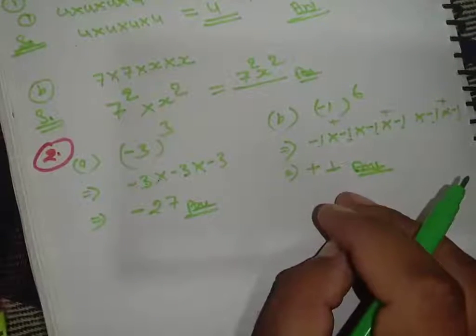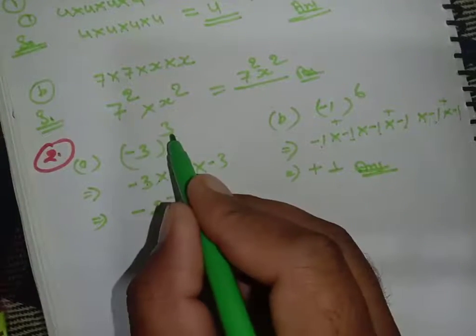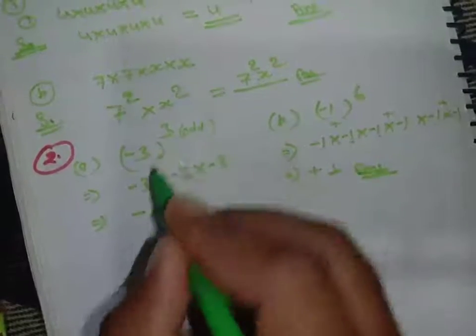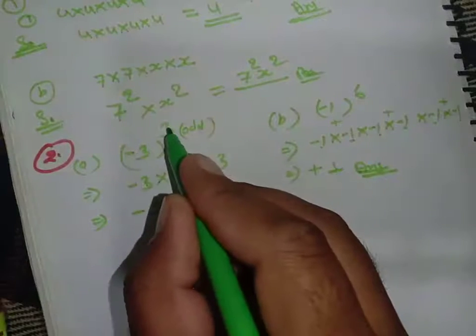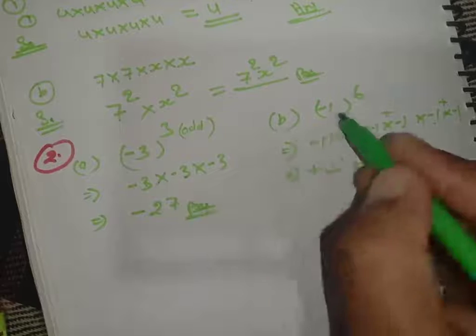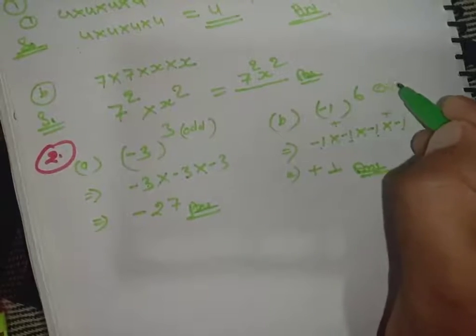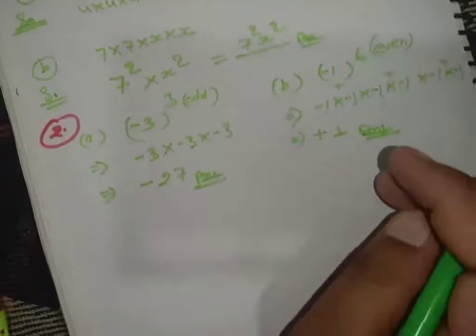Here the power is an odd number, 3 is an odd number, so the answer is negative. Minus with an odd power, the answer is negative. Here minus with an even power, so the answer is positive.